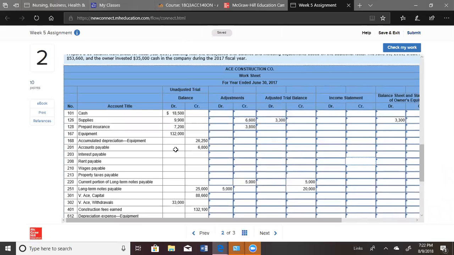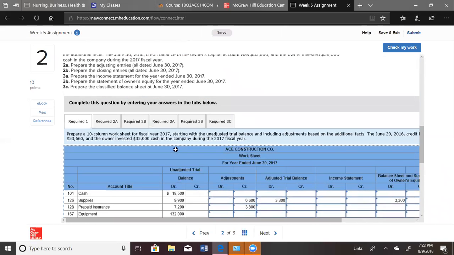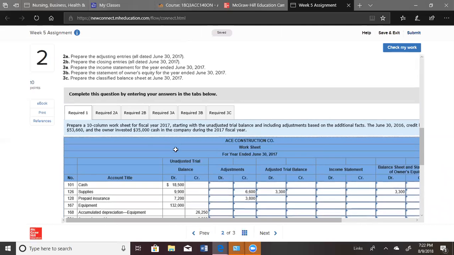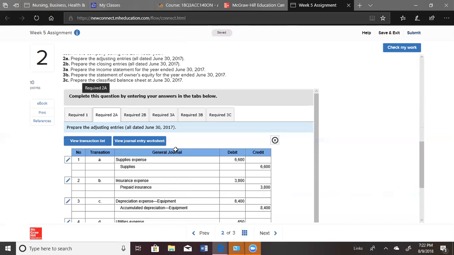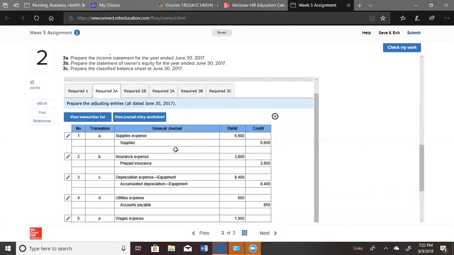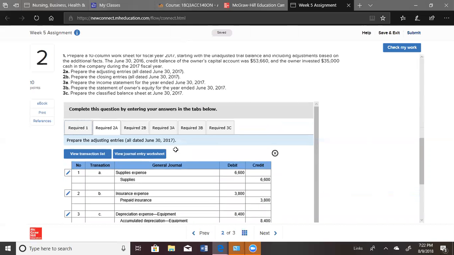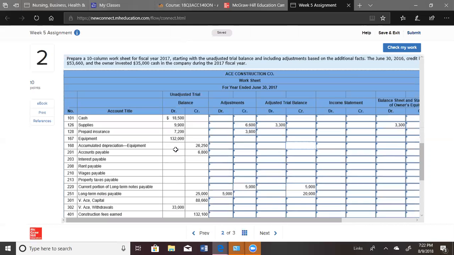Feel like an idiot now. Again. All right, accumulated depreciation. Hang on, that was $8,400, I think. I don't remember. $8,400, yeah. Okay, so $8,400 is going to go accumulated. That would be a credit.